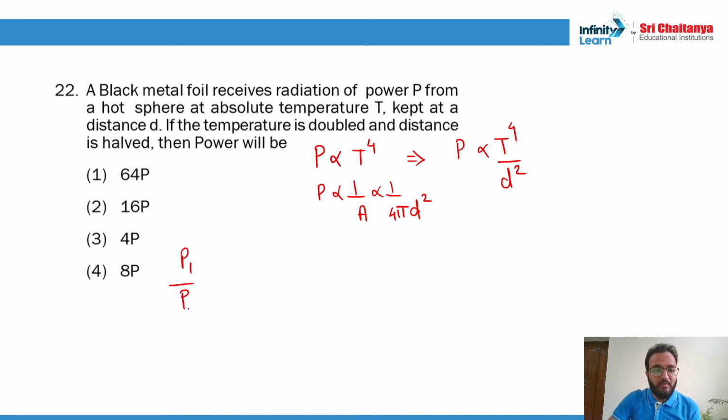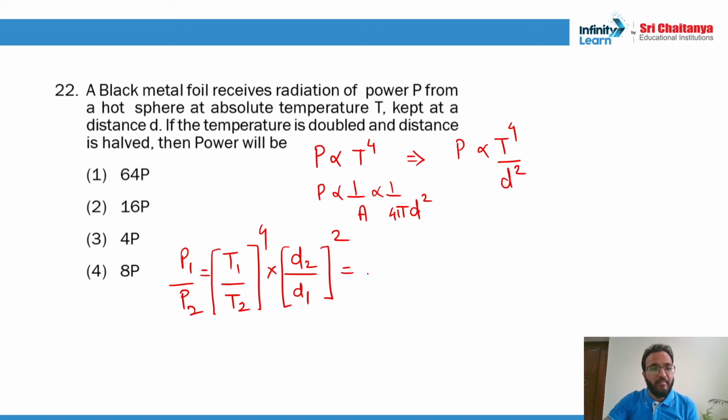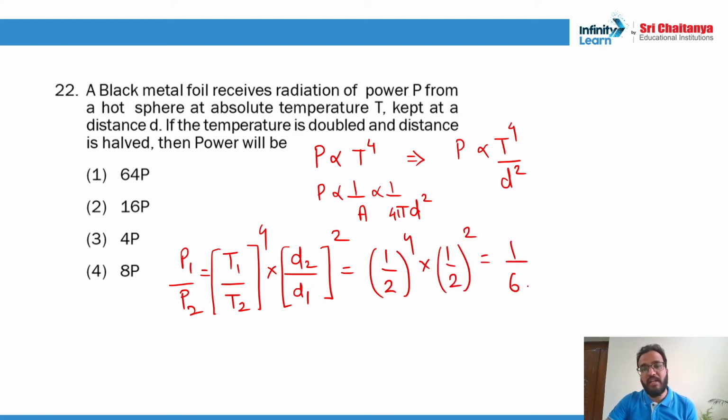So P1 by P2 is T1 by T2 whole to the power 4 into D2 by D1 whole to the power 2. Now they are saying that temperature is doubled, so 1 by 2 whole to the power 4, and the distance is halved, that is again 1 by 2 to the power 2. That is 1 by 2 to the power 6, it is 1 by 64. So P2 will be 64 times P1. I guess first option is right.